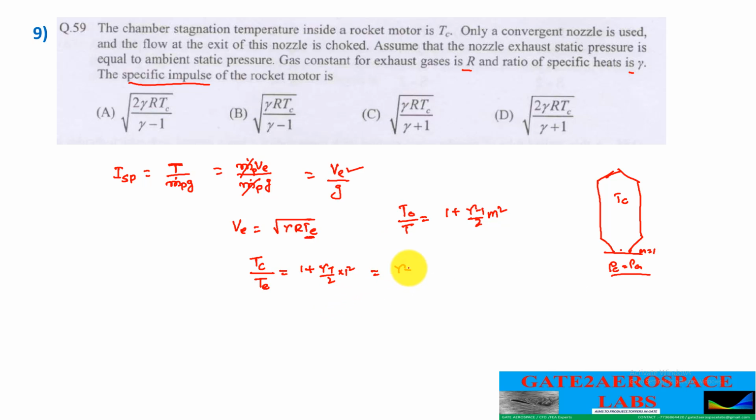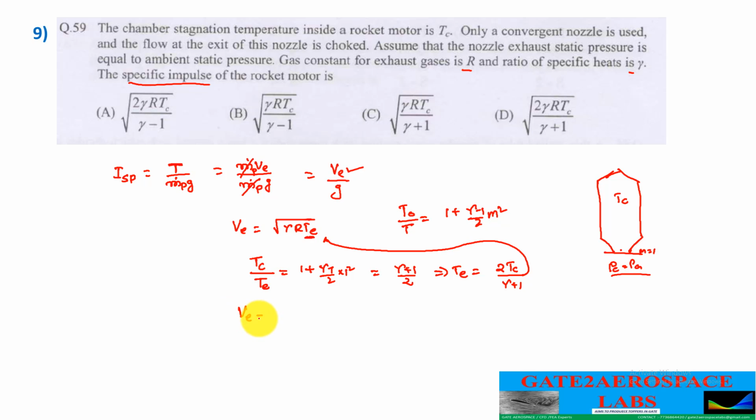This will come as gamma plus 1 by 2. So from here you will get Te is equal to 2 Tc by gamma plus 1. Now this Te we will plug in here.